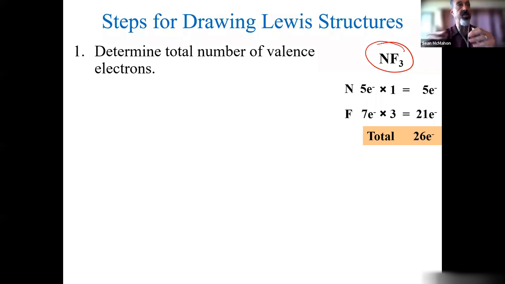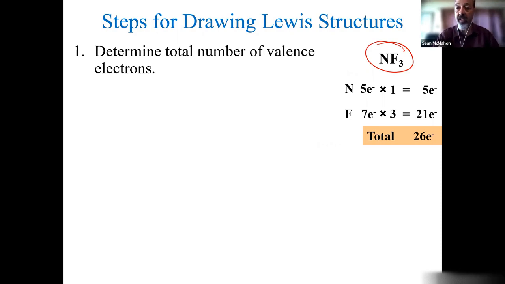Now I say species because we could draw Lewis dot structures for ions, polyatomic ions, molecules, and atoms as well. So the reason why I say species is we can use Lewis dot structures for all of this. Now, this particular species is, if you had to guess, a binary covalent compound. Why?